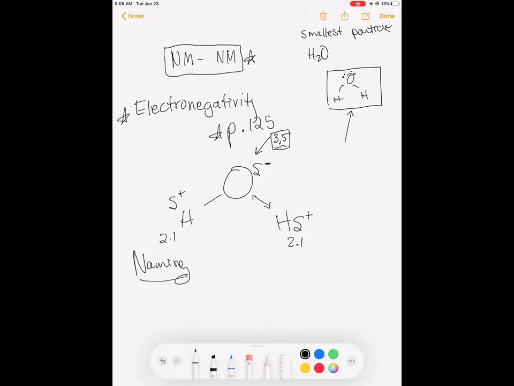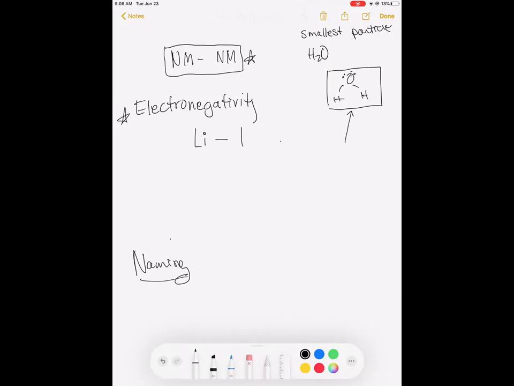So let's do another one. Let's just say that you've got some random molecule like lithium bonded to fluorine.